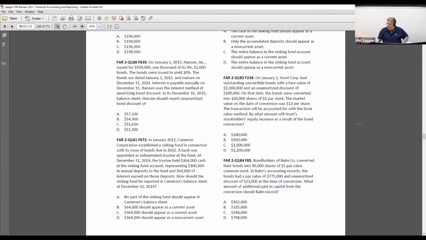That's $11 times 100,000 shares, which is $1,100,000. Does that entry balance? You need 300,000, so you'll debit loss on conversion of 300,000. There you go.